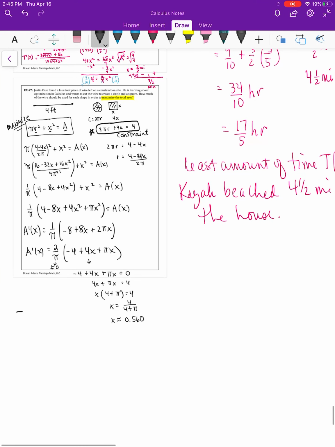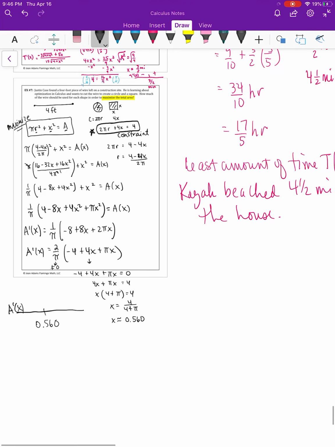And we need to check our endpoints on this one, because we had that constraint that it had to be 4 feet. So we just want to make sure, and we also want to make sure that we are looking at a maximum. This one, you just got to figure out.